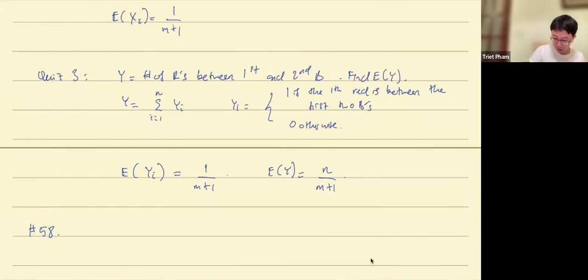Here it says, an urn contains 2n balls, R of which are reds.